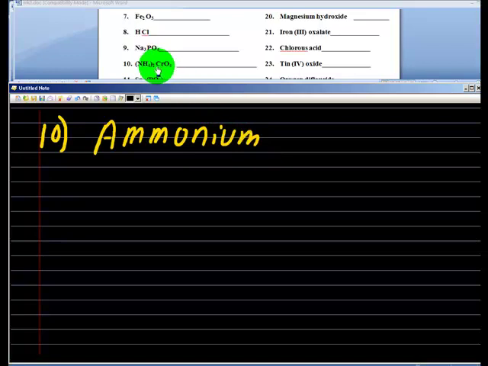What about the fact that there are two ammoniums involved? You don't need to deal with it. All you got to list in the name is the fact that part of this compound is made up of ammonium. Now what is CrO4? CrO4 is chromate.